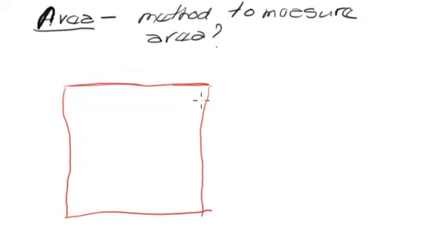So if we have this square here, which is all right angles, we actually define area in terms of square units.